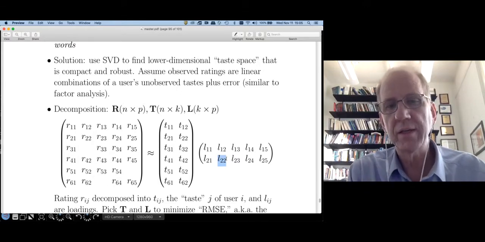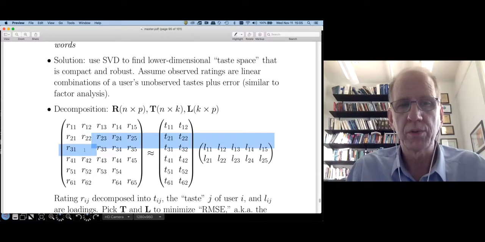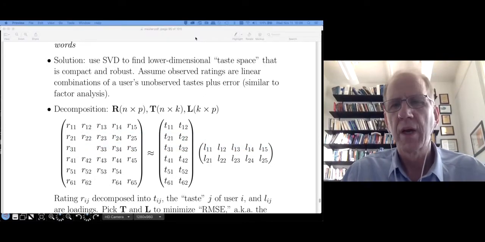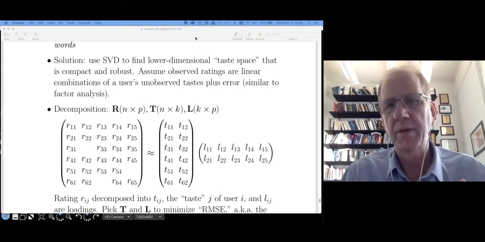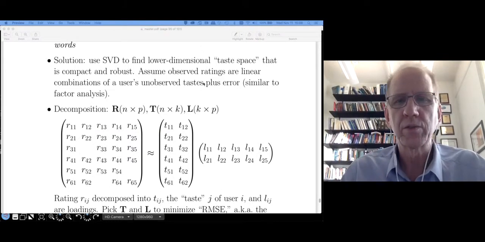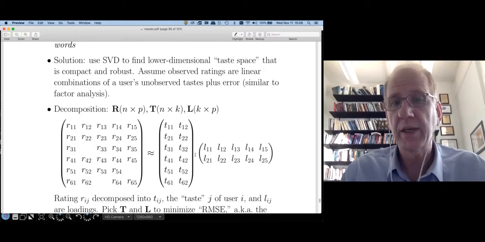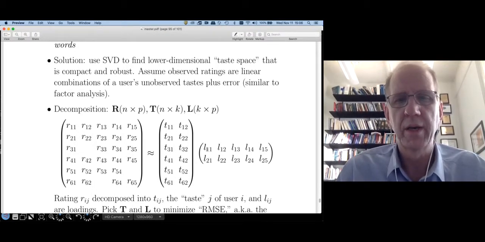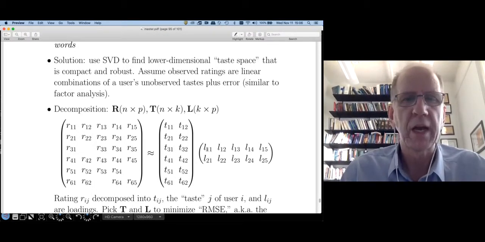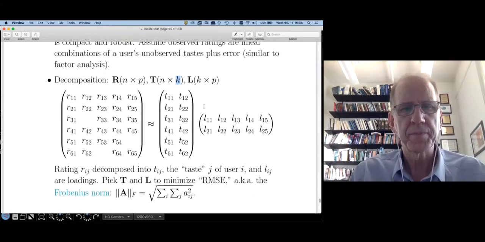So if I do that dot product, I get a prediction of how much user 3 is going to like movie 2. So remember how I said it's computationally very difficult to compute ratings using user-based collaborative filtering or even item-based collaborative filtering. To get predicted ratings here is dead simple. It's just an inner product that is computationally of order k, so the number of taste vectors that I have.